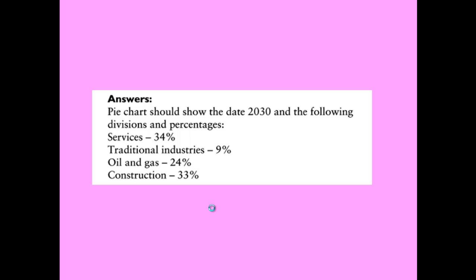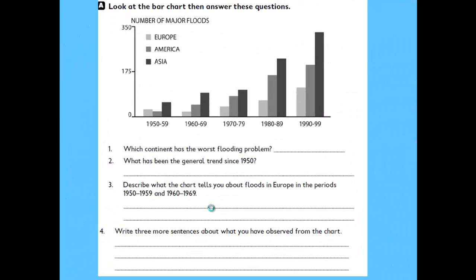Now let's do something else in our book or our workbook. Let's do exercise number 8 on page number 23. Number 8 says, look at the bar chart, then answer these questions. Bar chart. Here, this chart is different from the previous one. We have number of major floods in Europe, America, and Asia.